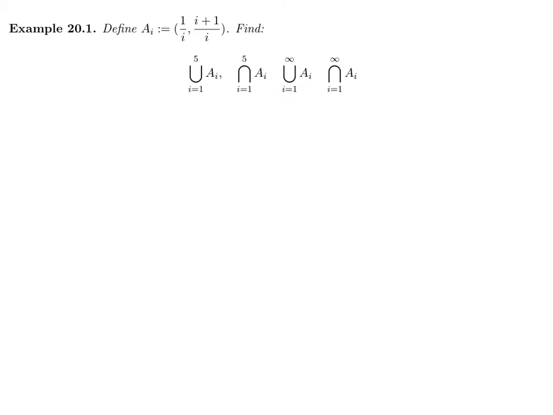Now, what I mean here, this is interval notation. So what this means, this is all x such that x is between 1 over i, but not including 1 over i, so it has to be bigger than 1 over i, but less than (i+1) over i.